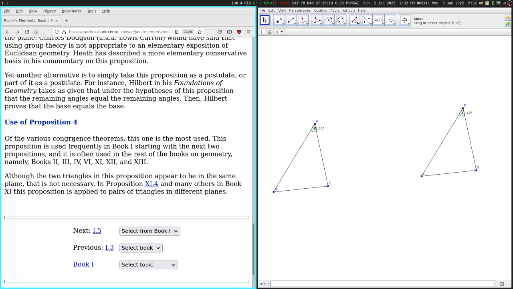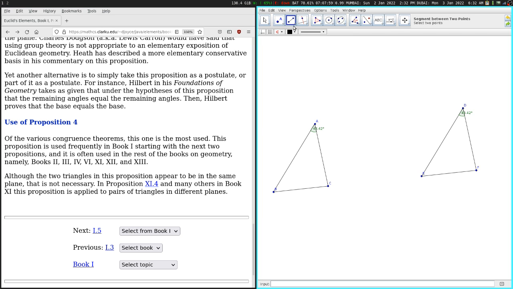I see, okay. Anyway, I was going to talk about the different congruence theorems. So you also have side-side-side, and it should be fairly obvious why that's a congruence theorem.